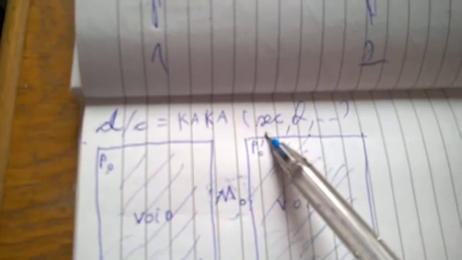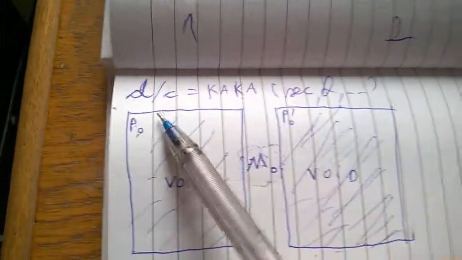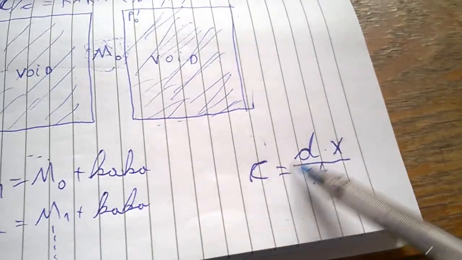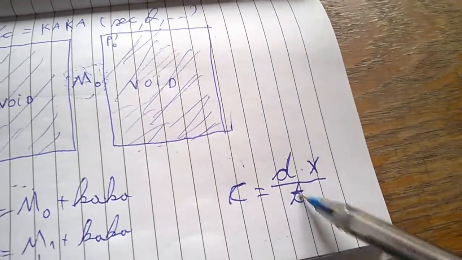We will call d divided by c as being caca, which is expressed in seconds, hours, whatever we want. D is the distance between the mirrors, c is the speed of light, and the speed of light from the previous video was calculated as d multiplied by x divided by t.